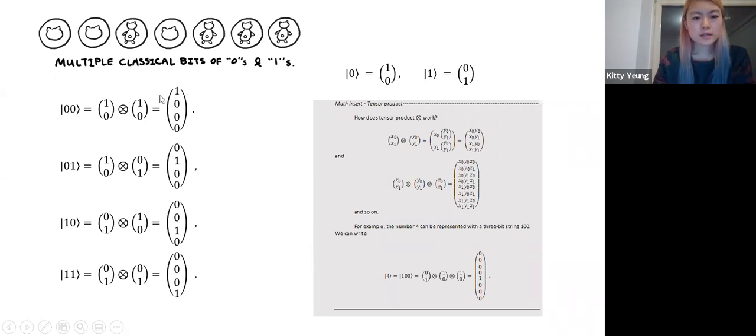If you do the maths, you get this 1×4 vector. But even without doing the tensor product, you can see these are the 4 possible ways to arrange the numbers. For 0 0, you will have the 1 at the first element. The second one will have the 1 here. The third one will have the 1 third. The fourth one will have the 1 at the bottom. So that's a 4-dimensional space, called a Hilbert space. But don't worry about these terms. We'll just get more intuition.